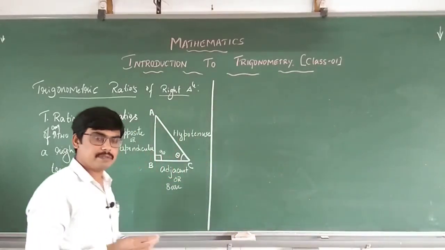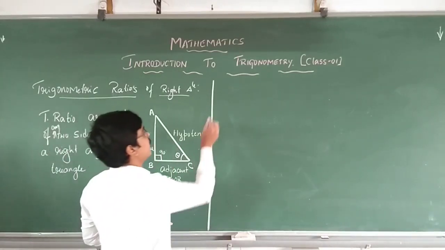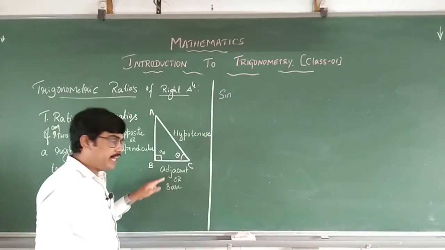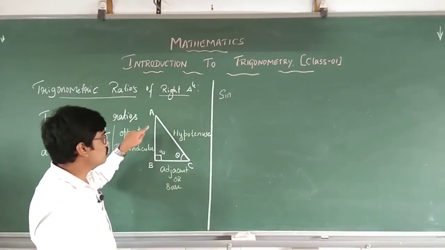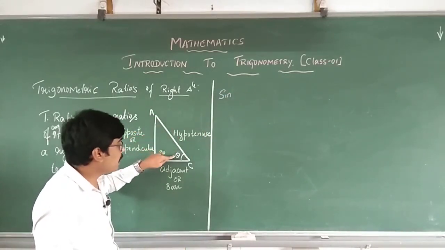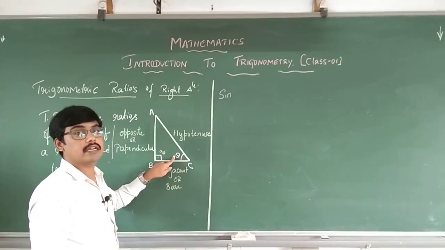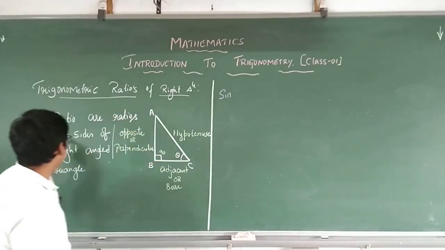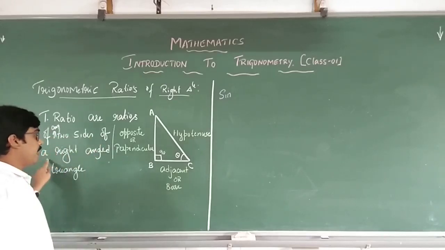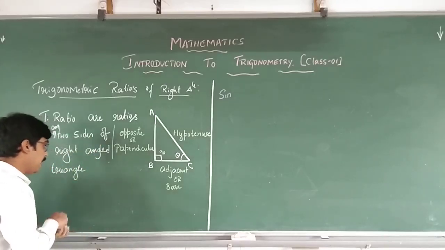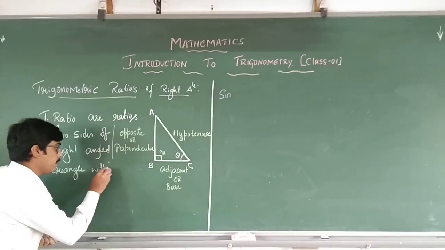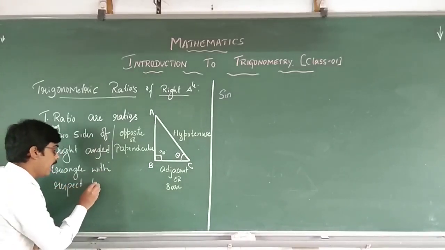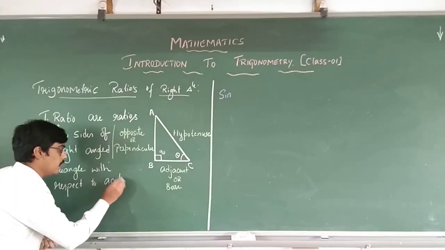We have given some names for these. We are defining the trigonometric ratios of the sides with respect to what? The acute angle. So we are defining the trigonometric ratios of any two sides of a right angle triangle with respect to the acute angle theta.